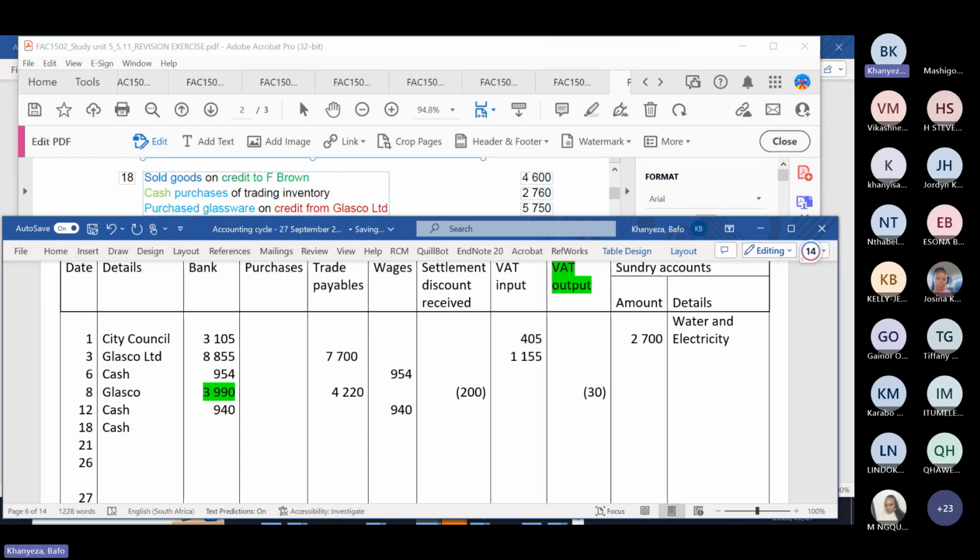Cash purchases of 2,760. How much went out of the bank? 2,760. Then we split with the input VAT. How much input VAT? We've calculated input VAT before, so we now know how to calculate it. It's 360. Then what goes to purchases?